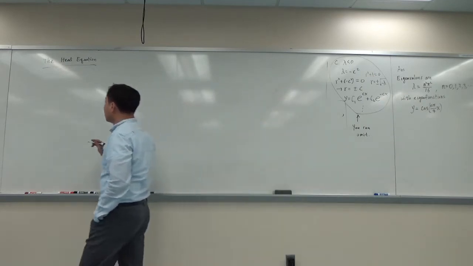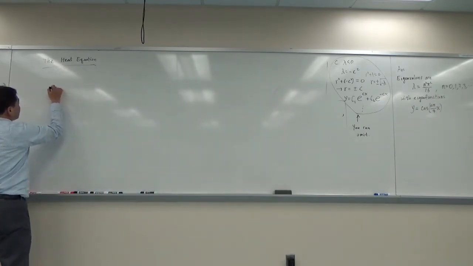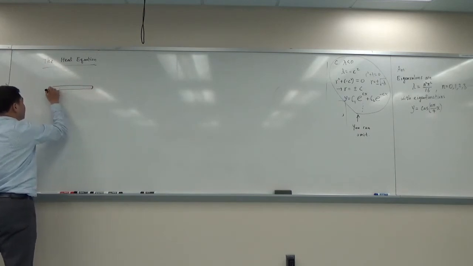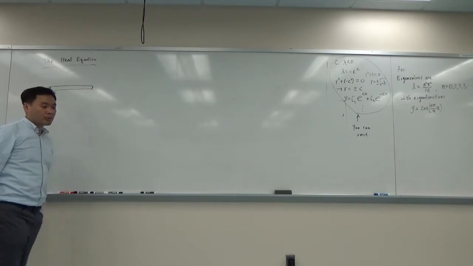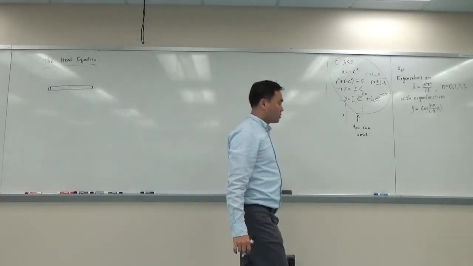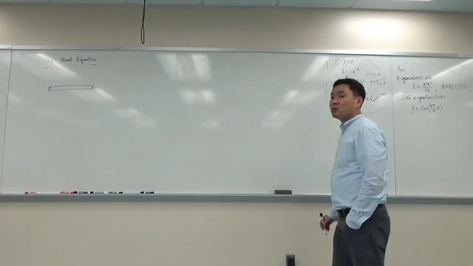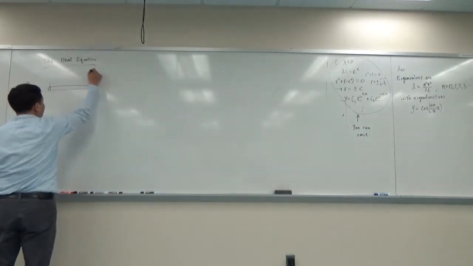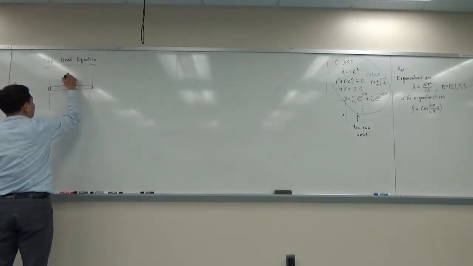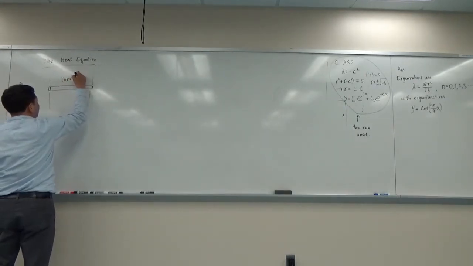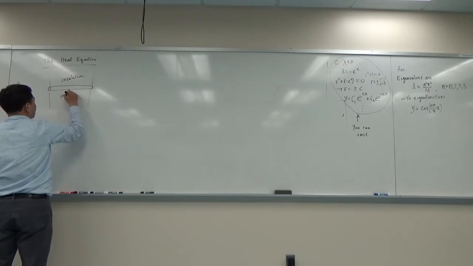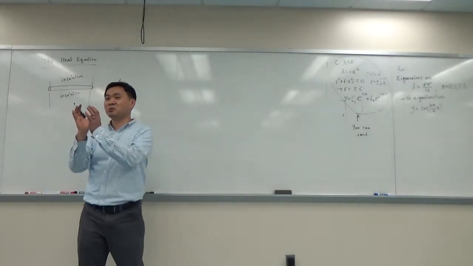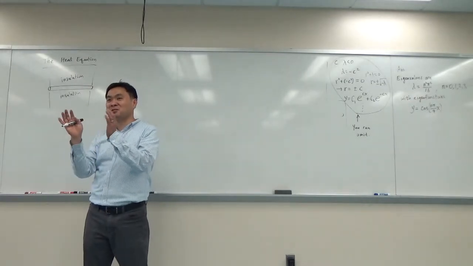So let's say you have a metal bar. Okay. And to make this a one-dimensional thing, I want to surround it by insulation, like styrofoam, which does not let the heat escape, right?